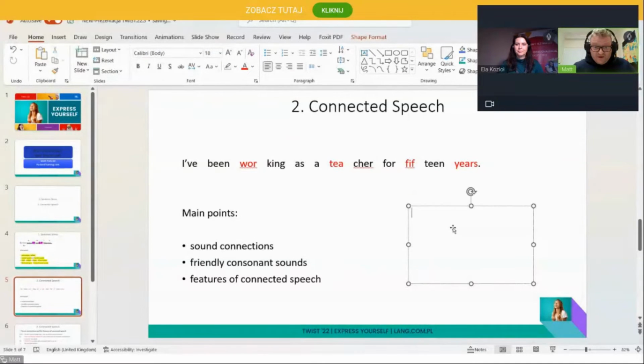So the next thing to do is look for the sound connections. There are only four possible sound connections: VC, CV, PV, and easy. Can you think what it means? VC connection.